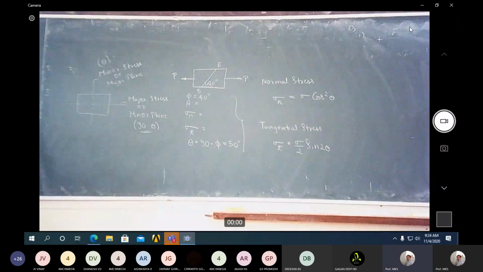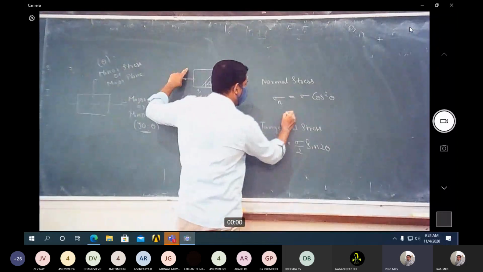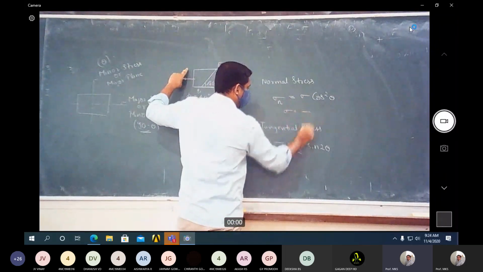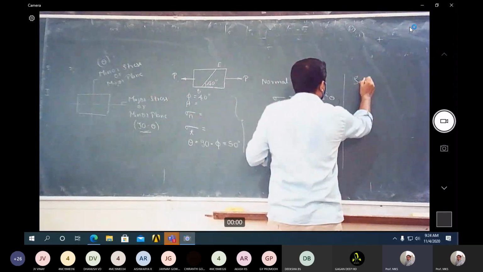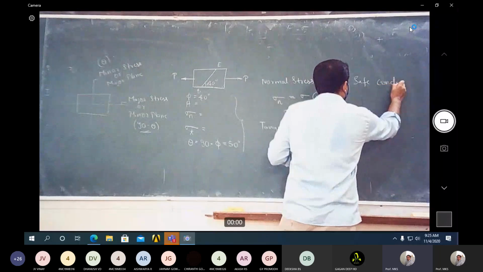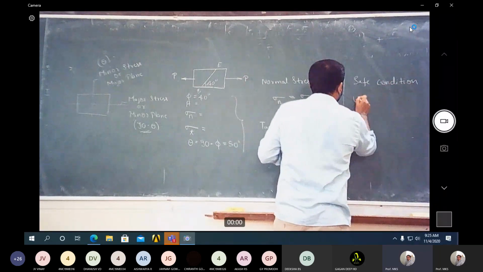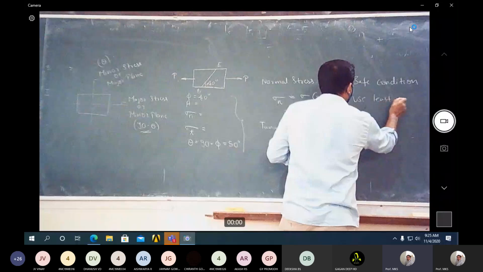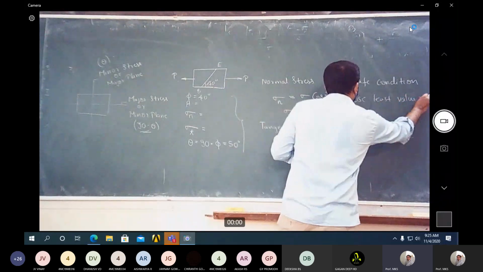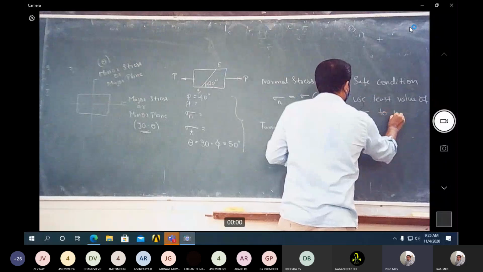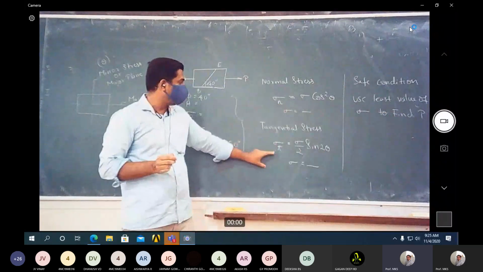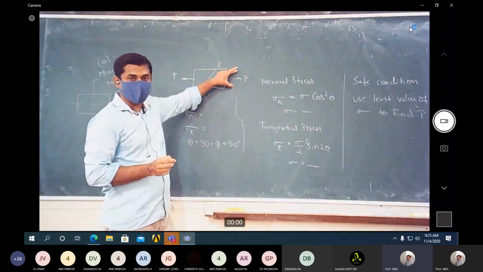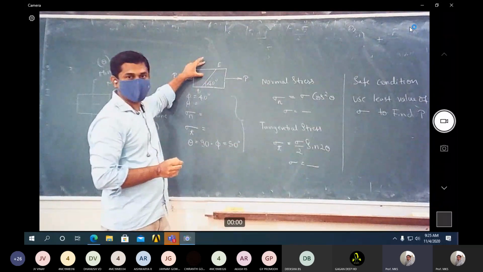Determine the safe value of P. Here you will get two values, sigma here one value and sigma here one more value. For the safe condition, use the least value of sigma to find the load P. Whichever is least, if the least load is acting on a component, the component will be safer by that condition.